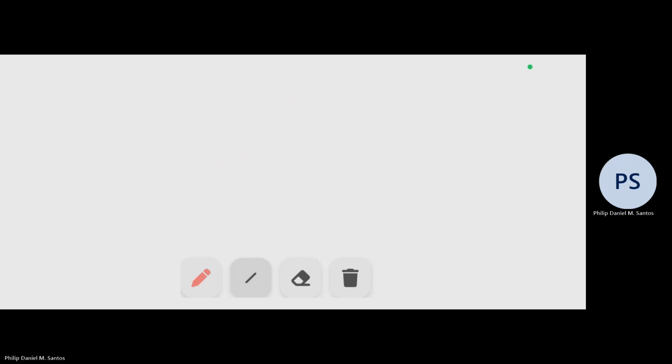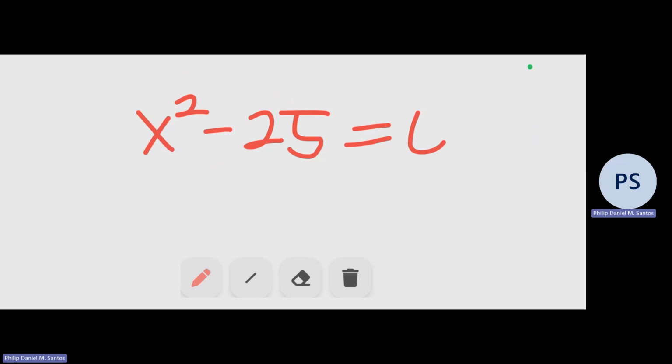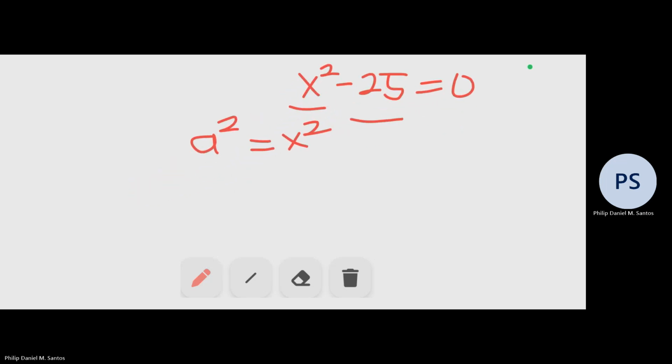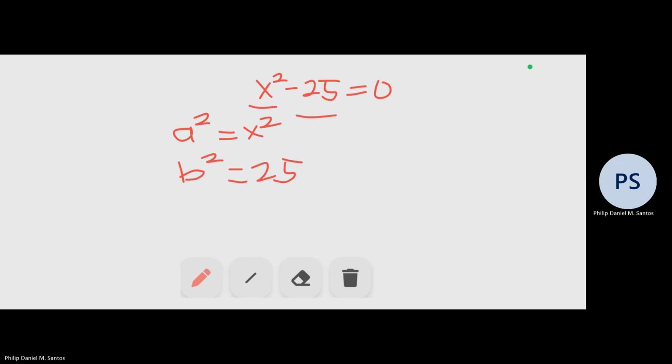X squared minus 25 equals 0. So we will set x squared as a squared, and 25 equal to, baliktad, it's equal to 25.